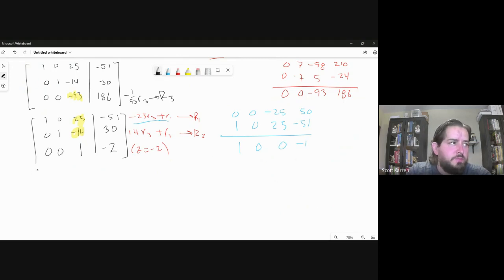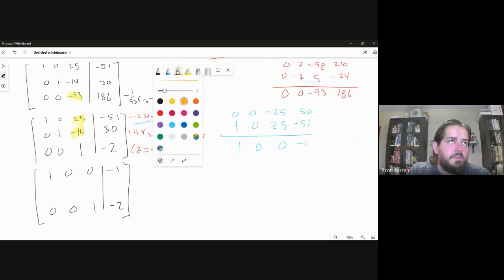So my new system, 1, 0, 0, negative 1. The bottom is not going to change. That's still 0, 0, 1, negative 2. And so then the last little bit here is 14 row 3s added to row 2.